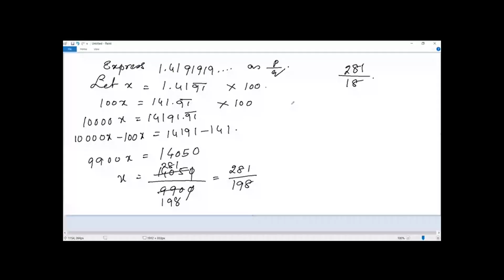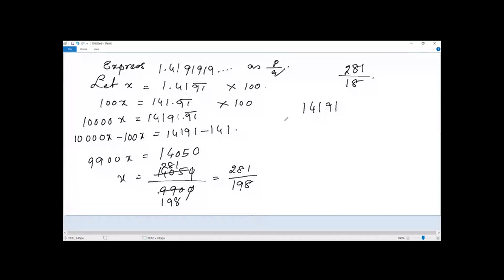So wait, I'll share my screen. You tell me, I'll write it. Tell me the whole number, what should I write? 14191, ma'am. Minus non-repeated number, ma'am.